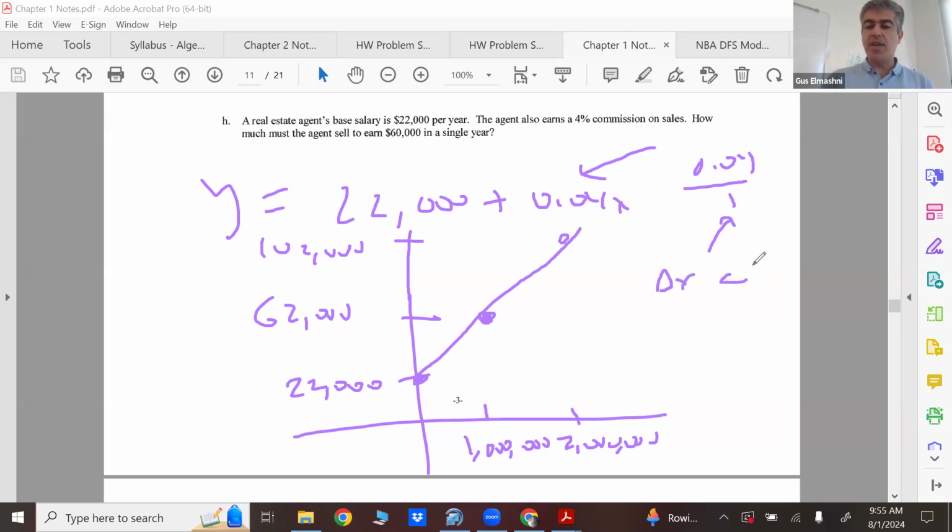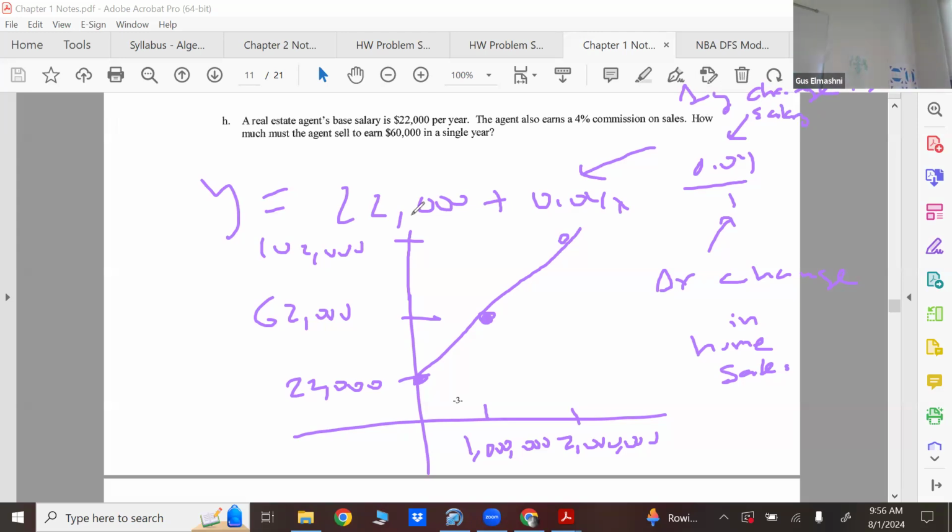Delta x is the change in home sales, and 0.04, the change in y, is the change in salary. For every dollar of a house he sells, he makes 4 cents.